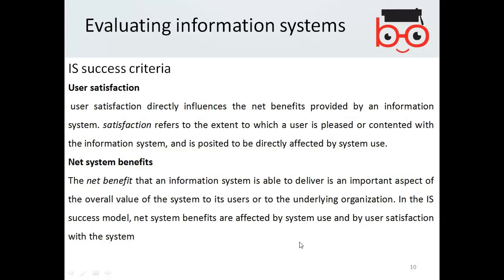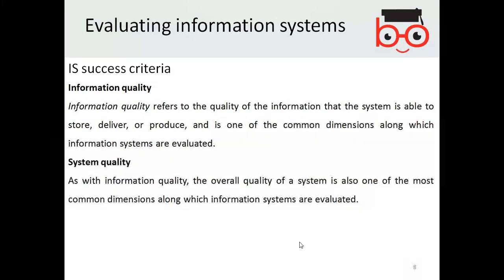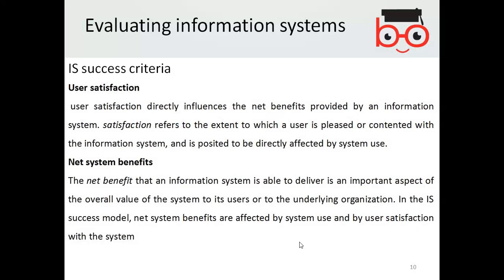So user satisfaction is a key success area, as well as system quality, and by joining both of them, they give an overall system satisfaction and net system benefits.